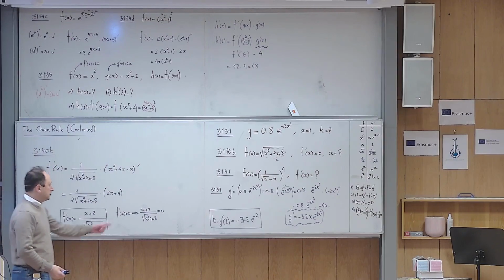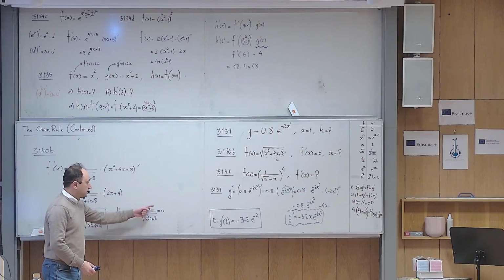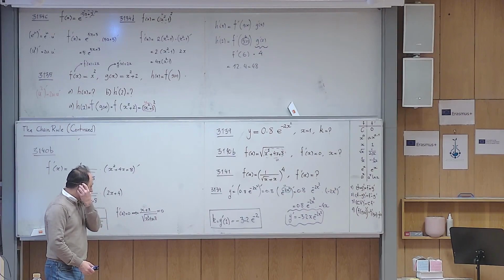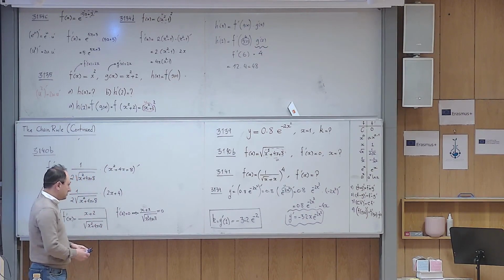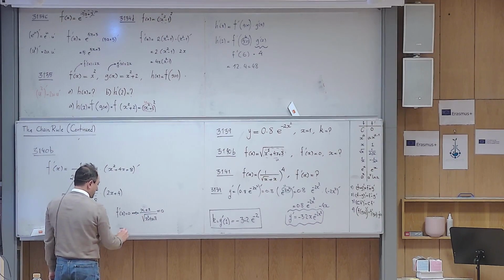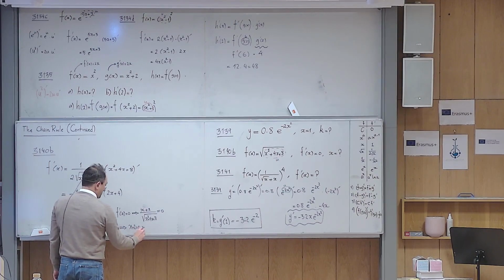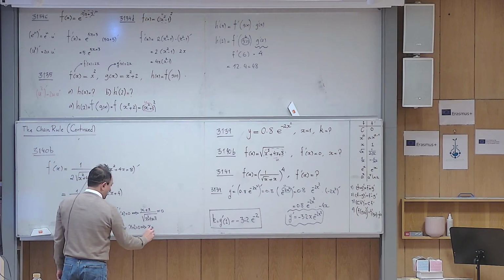That's also simple. It's a fraction. A fraction is 0 if and only if its numerator is 0. Of course, the denominator shouldn't be 0, but that's not a big problem here. This implies that x plus 2 is 0, which implies that x is minus 2.